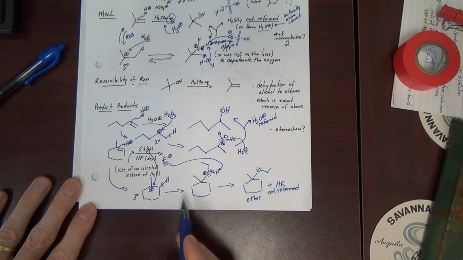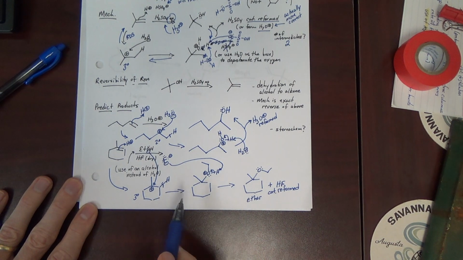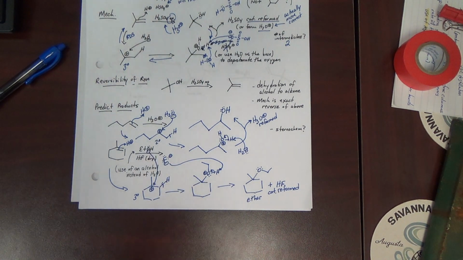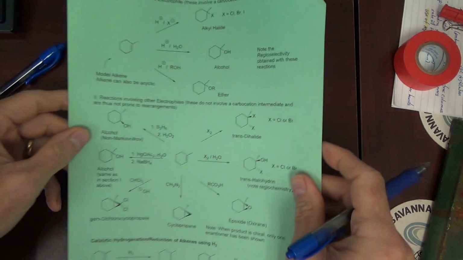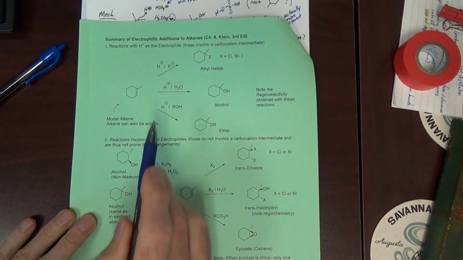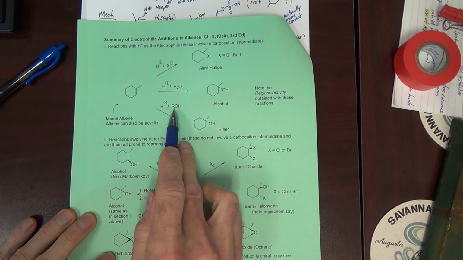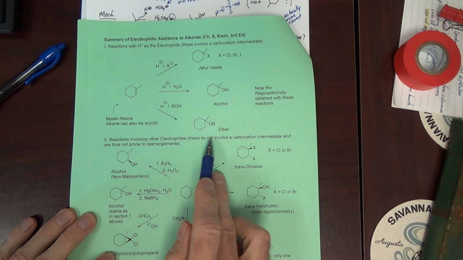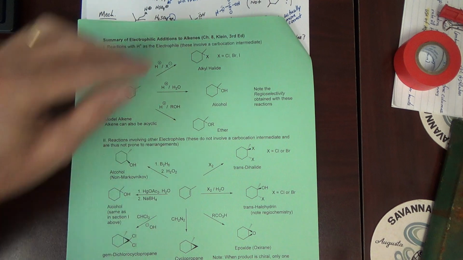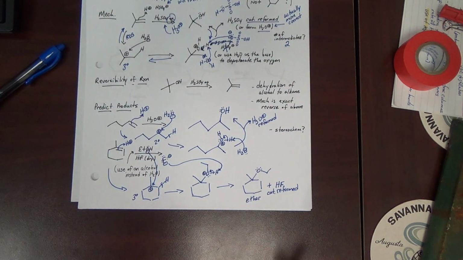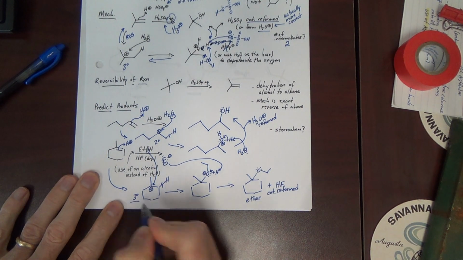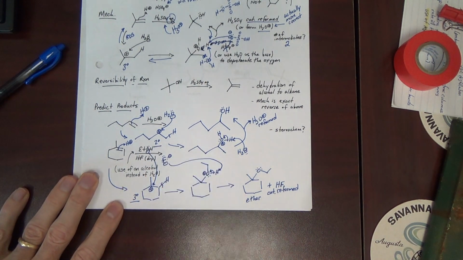So it's essentially the same reaction, we just use a different nucleophile, water versus alcohol. If you use water, you're going to get an alcohol. If you use an alcohol, you're going to get an ether. Both of these reactions are regioselective because we would make tertiary carbocation here and secondary there.